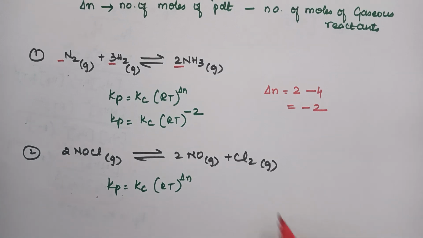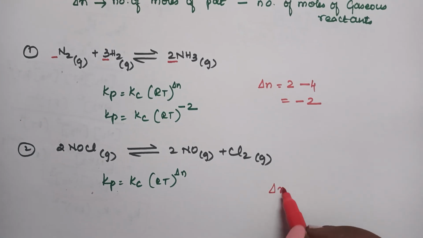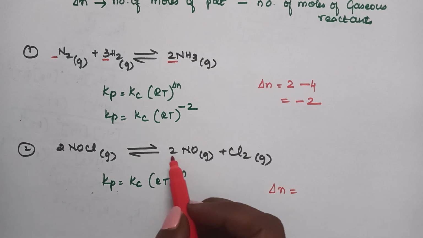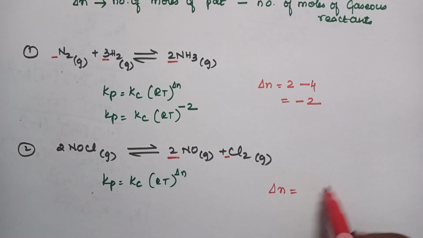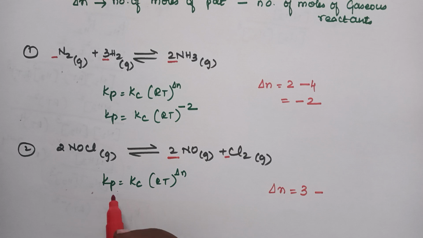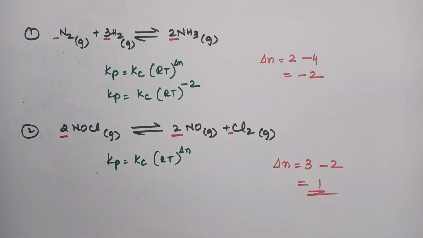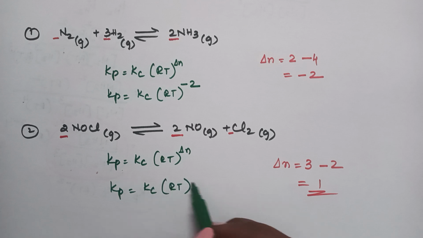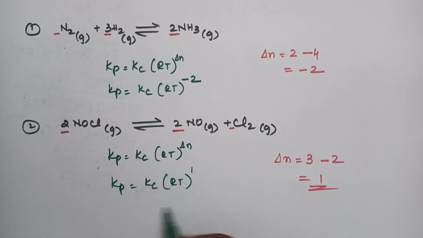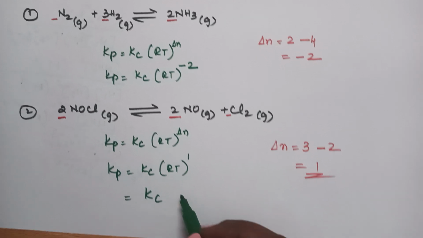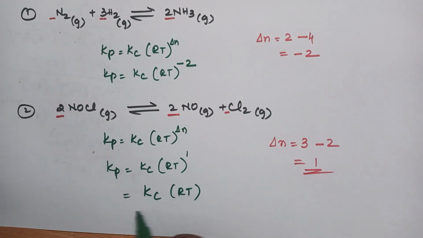So delta n is equal to gaseous product, 2 plus 1 is 3, minus, and here it is 2. So this is equal to 1. Delta n is equal to 1. So you will get Kp is equal to Kc RT to the power of delta n, which is 1, which is nothing but Kc into RT. So this is the expression.